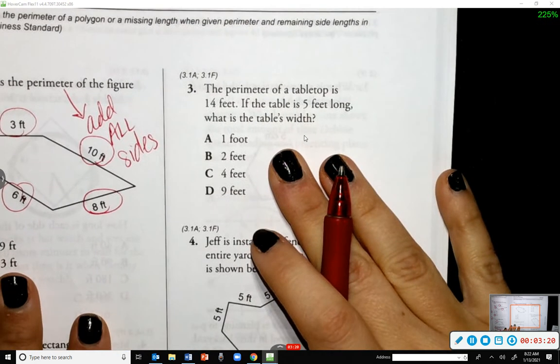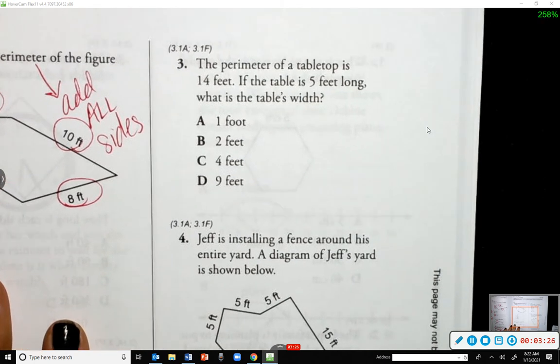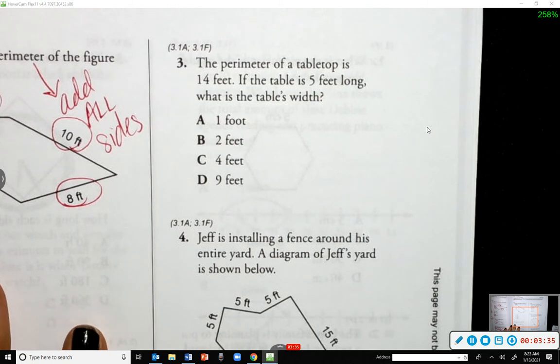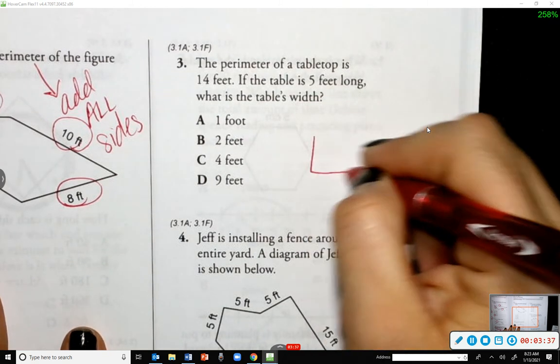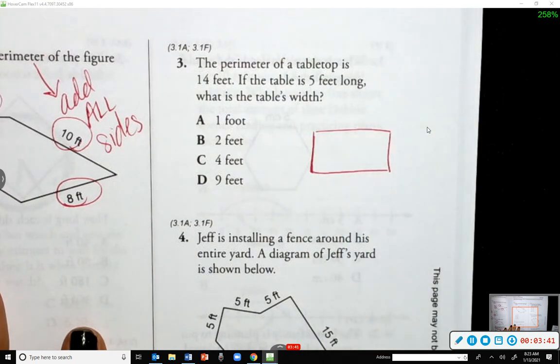Number 3. The perimeter of a tabletop is 14 feet. If the table is 5 feet long, what is the table's width? Okay, so I'm going to go ahead and just sketch a quick picture of my tabletop.